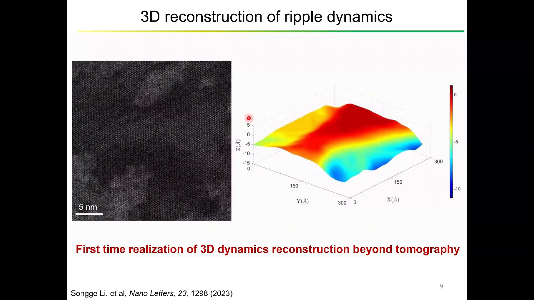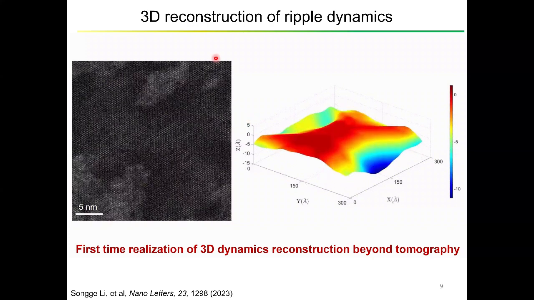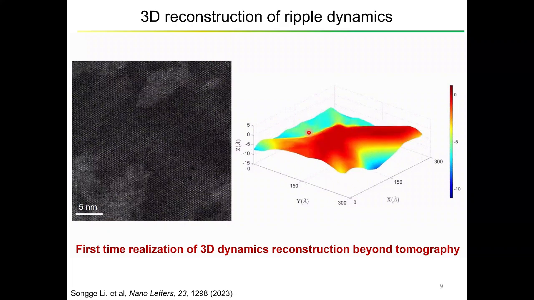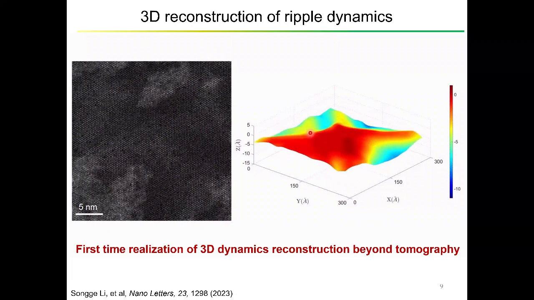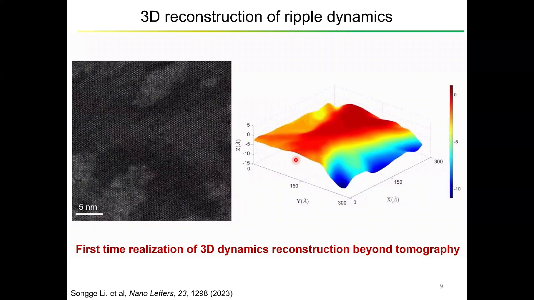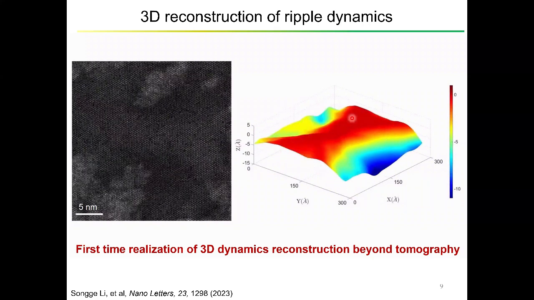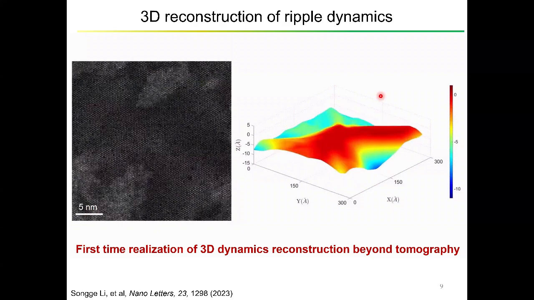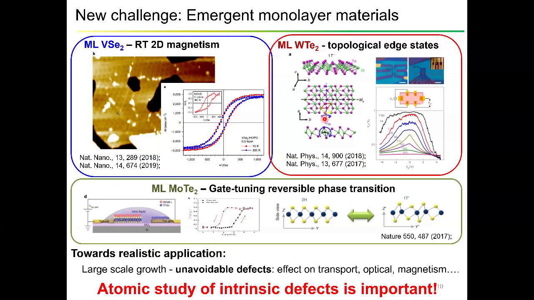So this is about the quantitative intensity analysis of 2D material that we developed during the last 5 years. However, the other side of the big project is that we want to investigate a lot of 2D quantum materials, the new emerging 2D materials.